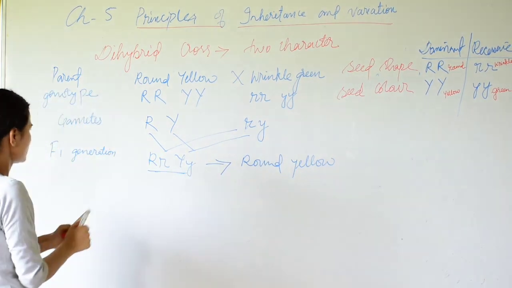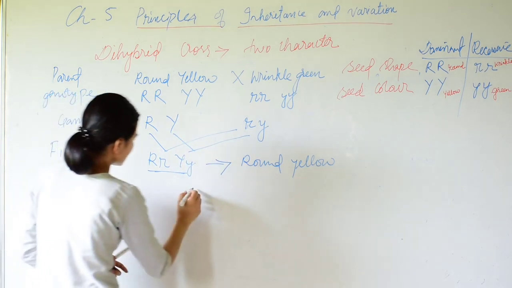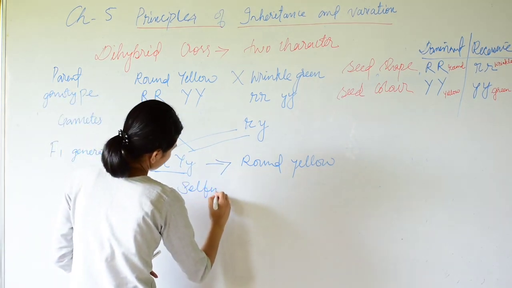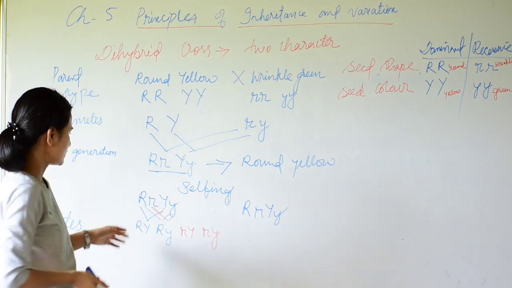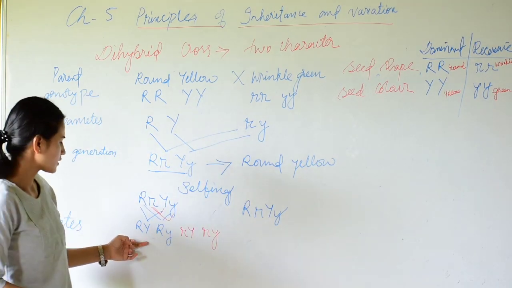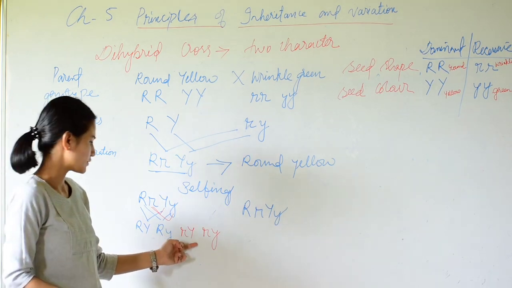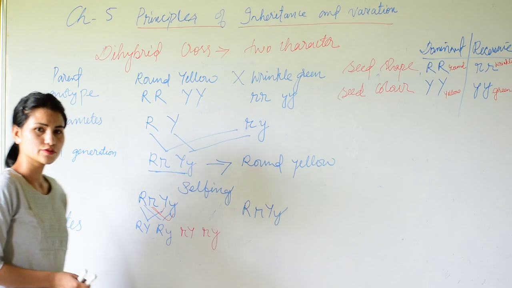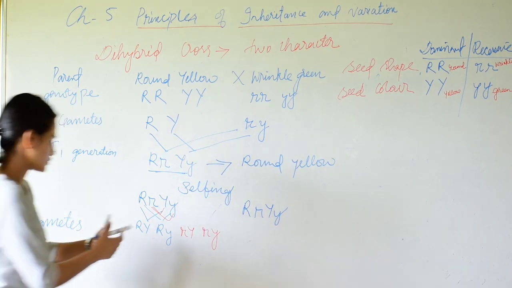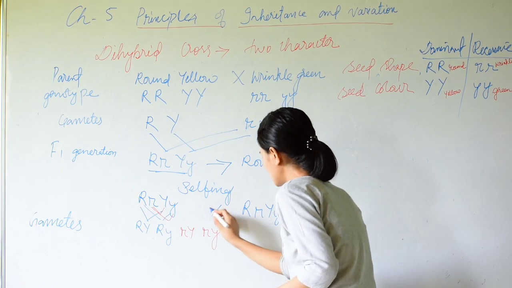Let us see the second selfing. This is the outcome of the selfing. So you will get the same gametes: capital R capital Y, capital R small y, small r capital Y, small r small y. So you will get the same gametes over here when you make a cross of this.